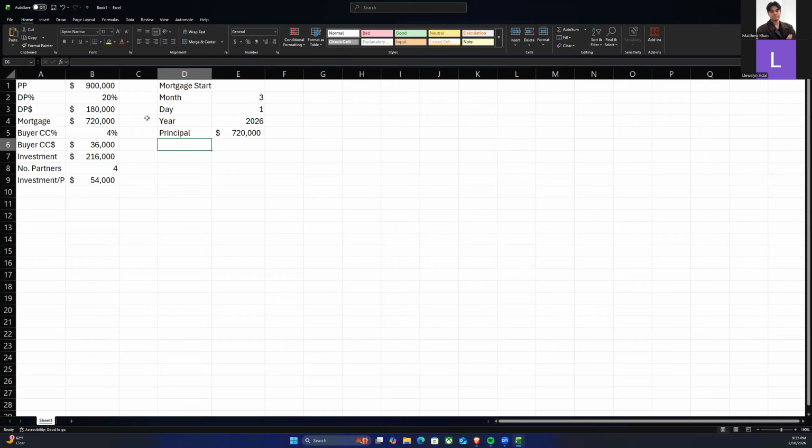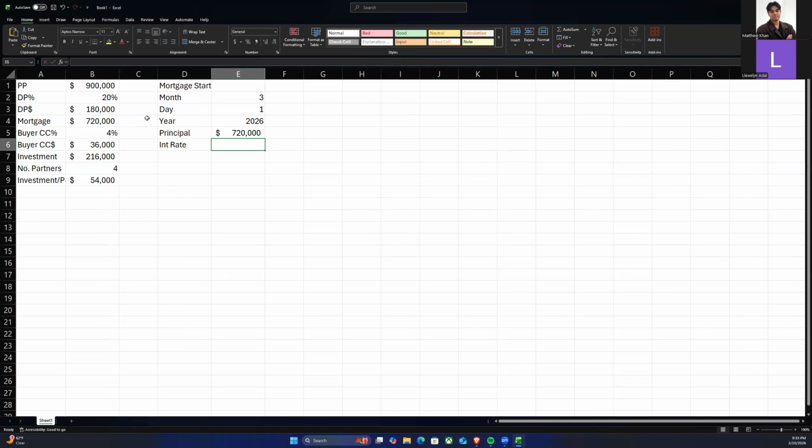So we have the 720, but now we want to get more information because we're going to have to pretend that we're going to purchase it in March, and what is the most likely scenario in this case for the interest rate? So let's put in rate.